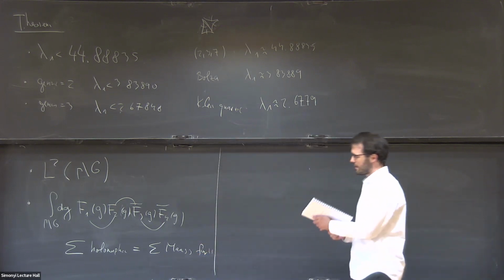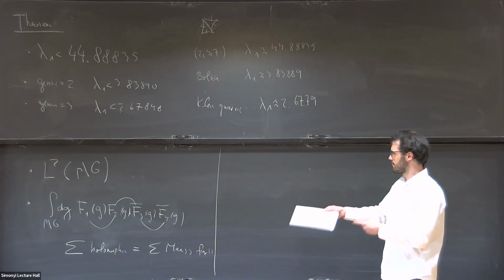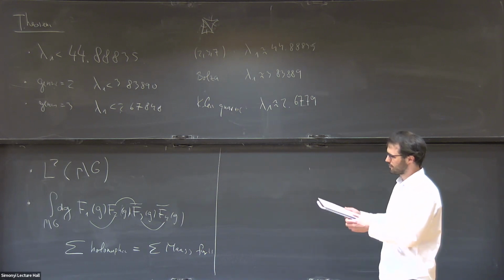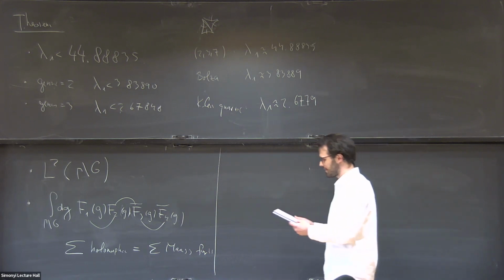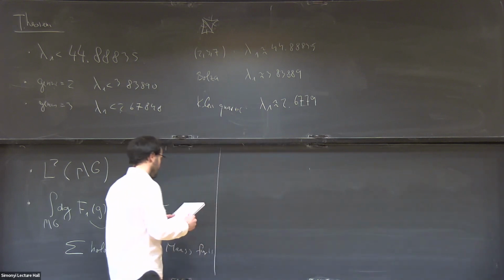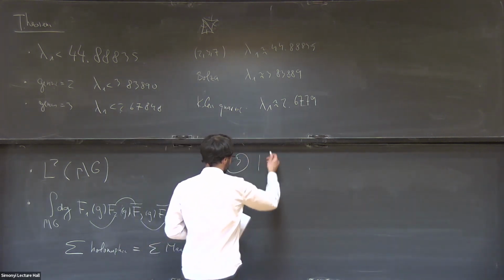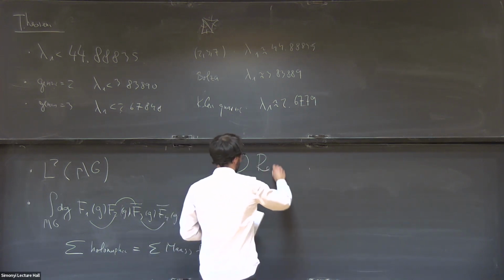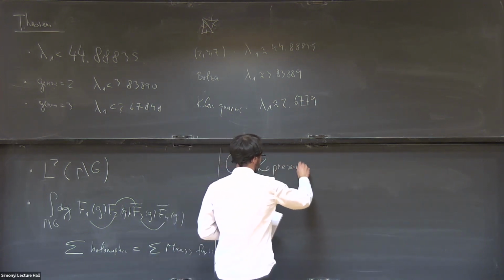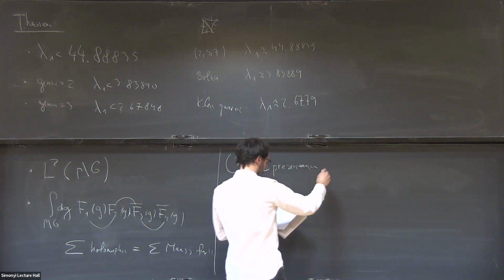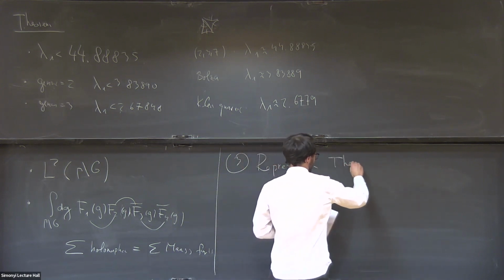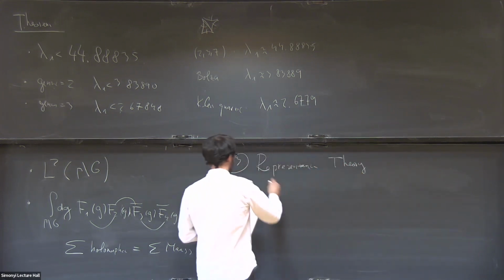Okay, so that was maybe a bit high level, and let me now revert back to explain things in more detail at a more elementary level. Before saying things about representation theory, I'll just make some remarks.